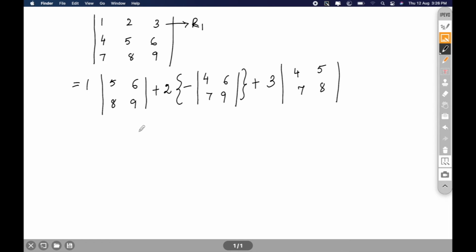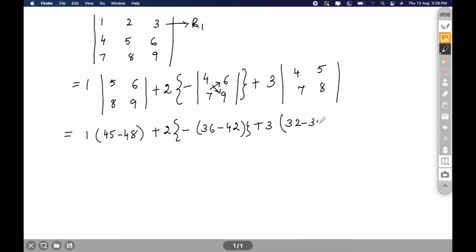Now if we evaluate the second order determinants and multiply them with the corresponding elements, that is 1, 2 and 3, our work will be over. So now let us evaluate the second order determinants and multiply with the corresponding elements. So 1 into (45 minus 48) plus 2 into minus of (36 minus 42), we are cross multiplying, this into this minus this into this, then plus 3 into (32 minus 35).